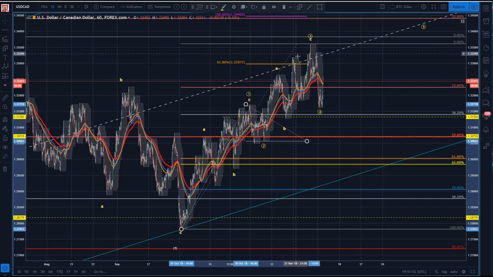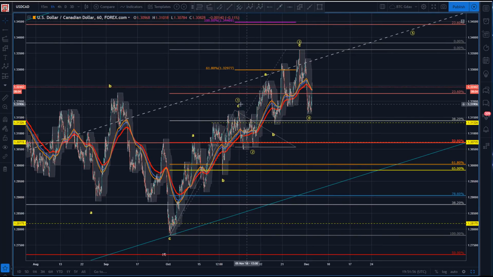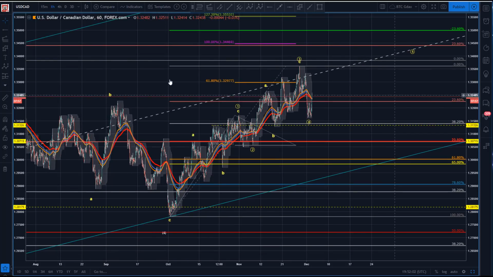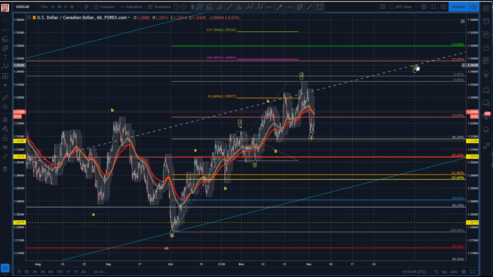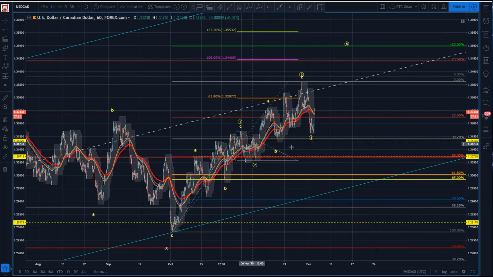This is not uncommon in a diagonal. So I'm pushing the 1 up here to accommodate for the overlap. If this is going to keep going, that still doesn't change the target. I'm just changing the subdivision here to accommodate what appears to be a diagonal finishing.